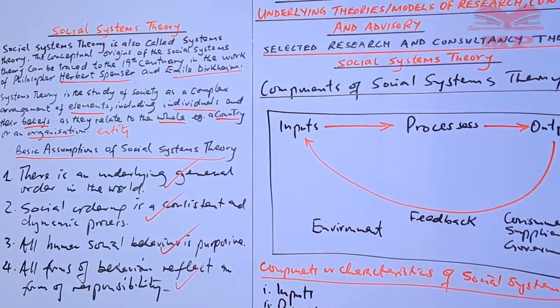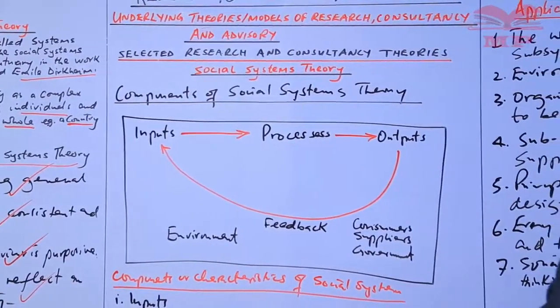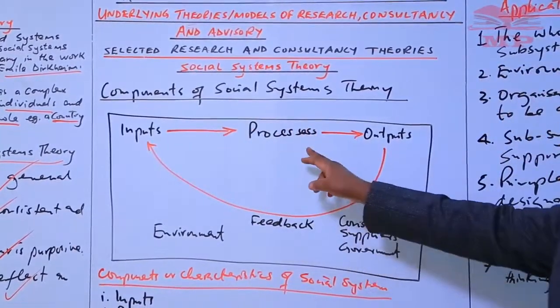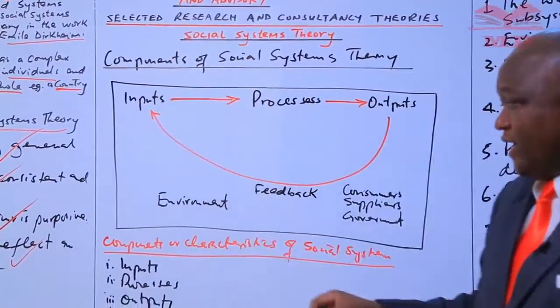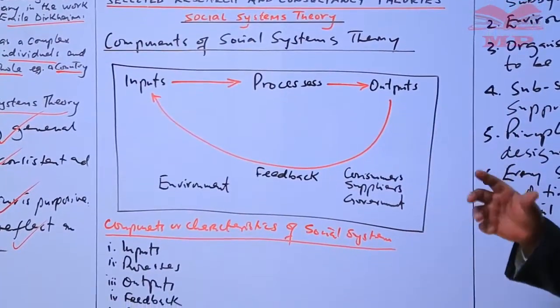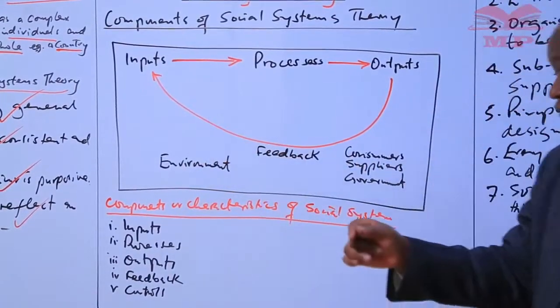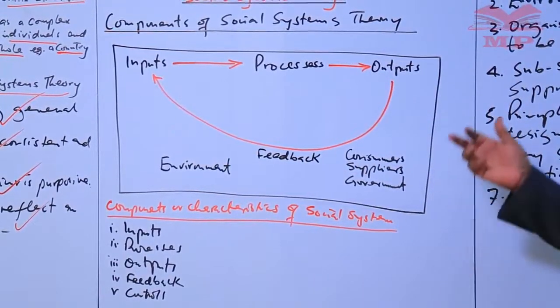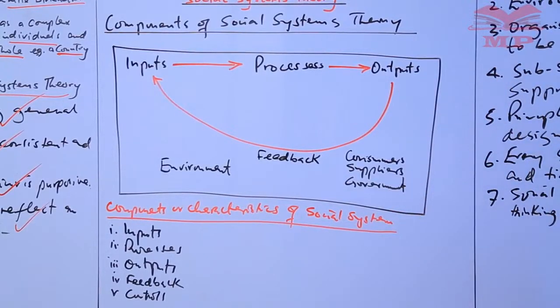Then we have gone ahead and looked at the components of social systems theory, where we have looked at inputs, processes, outputs, and the feedback loop. We have also discussed that the social systems theory operates within an environment, and this environment may include stakeholders like consumers, suppliers, government and government agencies.